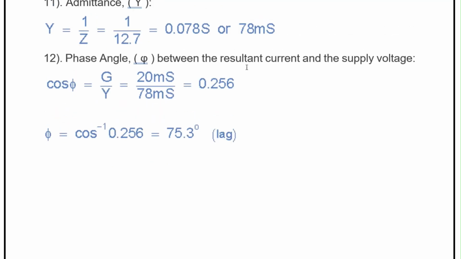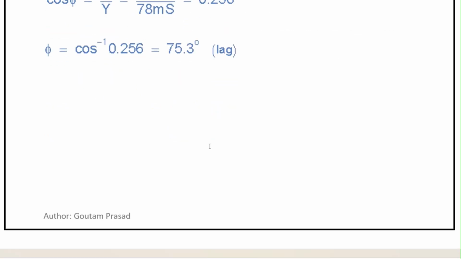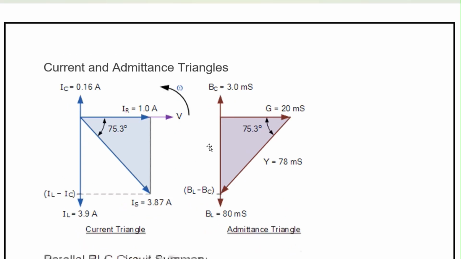For the phase angle, cos phi equals G upon Y, 20 millisiemens divided by 78 millisiemens, which is equal to 0.256. To calculate the phase angle, take the inverse cos of this figure and you get 75.3 degree lagging angle. So this completes the calculation.